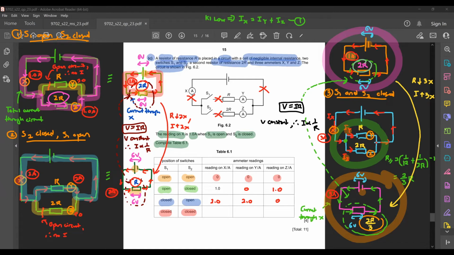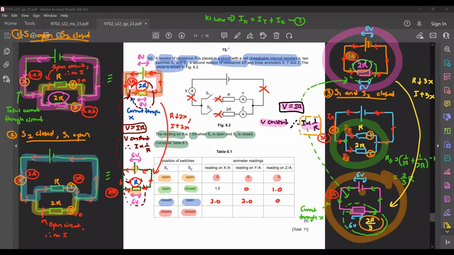Now, if you were to again apply V equals IR, if I again apply V equals IR for these two resistors here, V is again constant, therefore I is inversely proportional to R. There was a relation that we originally had. From this relation here, I is inversely proportional to R, you can actually get one ratio out of this.